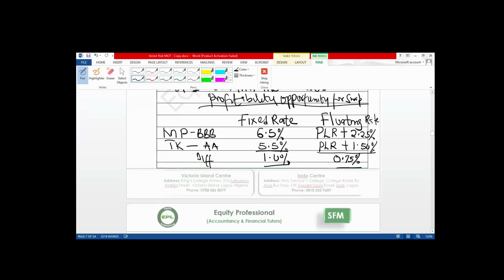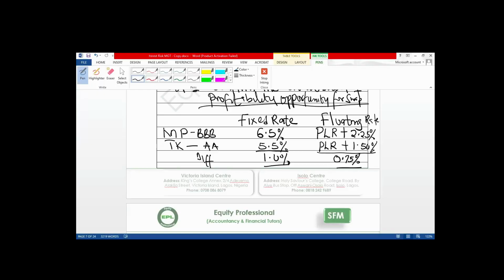Under the fixed rate and floating rate, the difference here is 1%. The difference here is 0.7. Where you have the higher difference, that is where you are going to start from.